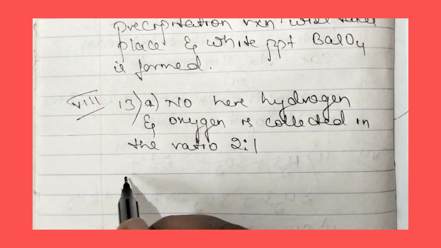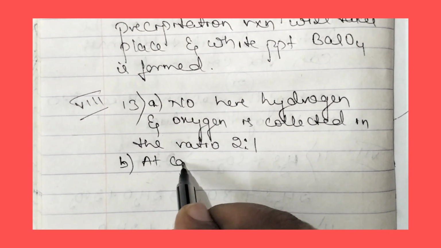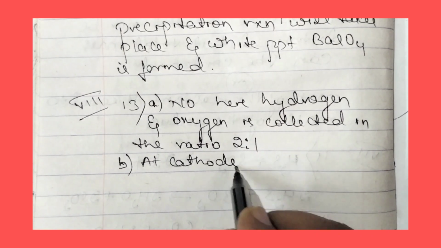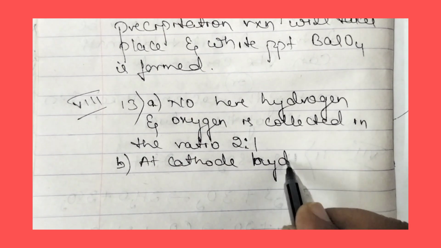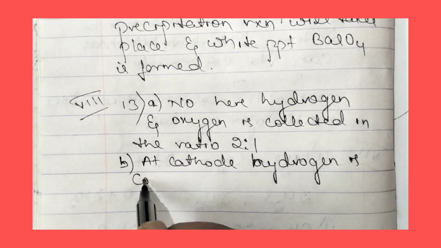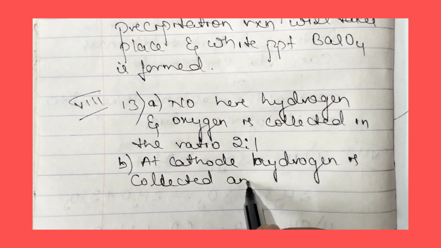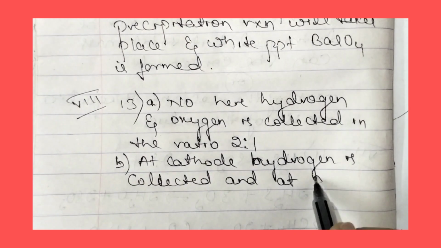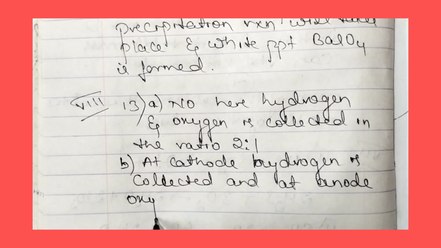Second one, what happens at each electrode? At the cathode, hydrogen is collected. And at the anode, oxygen is collected.